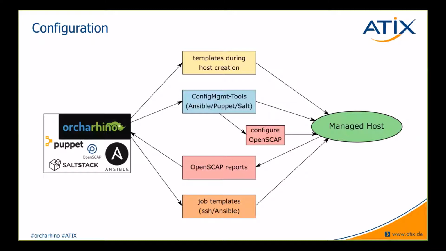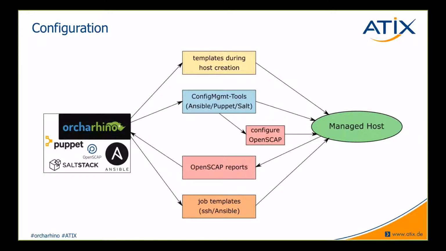Like you define a policy for your hosts, and OpenSCAP checks if all your hosts fulfill these policies and sends a report to Orcharhino, and you will get notified if your host violates any of these rules. On the other side, a config management tool such as Ansible, Puppet, or Salt will not only check these rules, but also change the configuration if it is not correct.